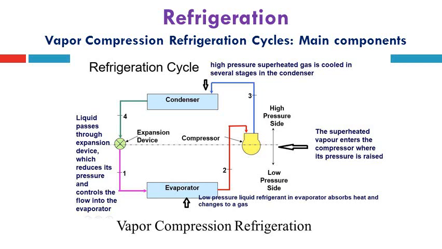Liquid passes through the expansion device which reduces its pressure and controls the flow into the evaporator. So the expansion device is responsible for reducing the pressure, opposite to the compressor which increases the pressure, and it is also responsible for controlling the flow inside this refrigeration cycle.